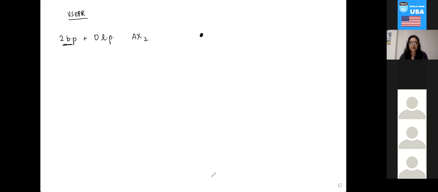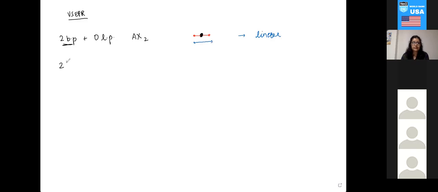The central atom is here and the 2 X atoms are going to be far away from each other. So this is the shape it's going to take. What will be the name of this shape? Linear, because it looks like a straight line.